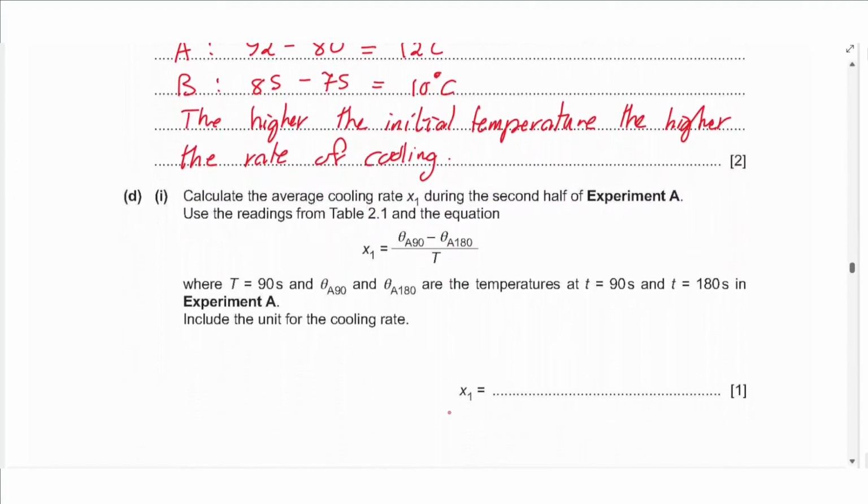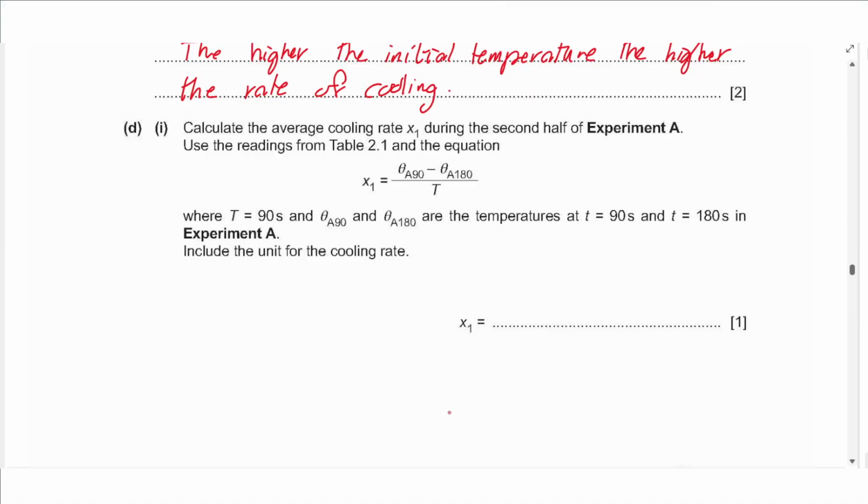Question D1 says, calculate the average cooling rate called X1 during the second half of experiment A using the readings from table 2.1 and the equation X1 equals theta A 90, that means the temperature at 90 seconds, minus theta A 180, temperature at 180 seconds, divided by T, where T is 90 seconds.